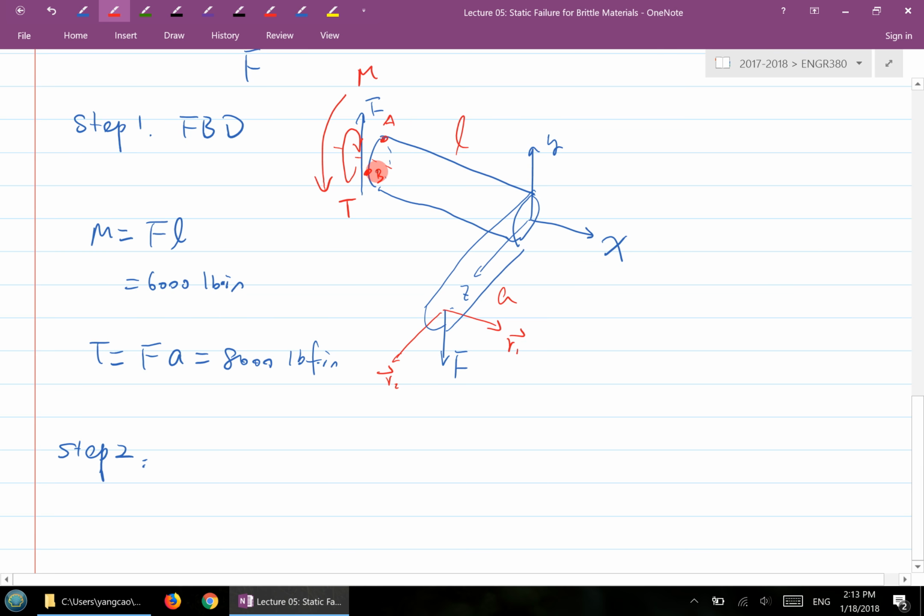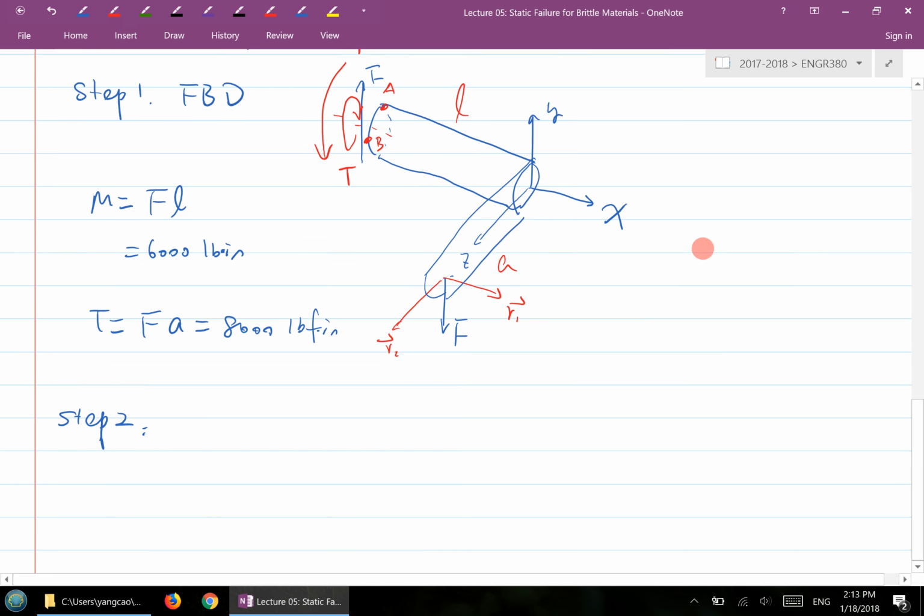What this step needs you to do is sketch a stress element at A and also a stress element at B, showing the distribution of the state of stress for each element.